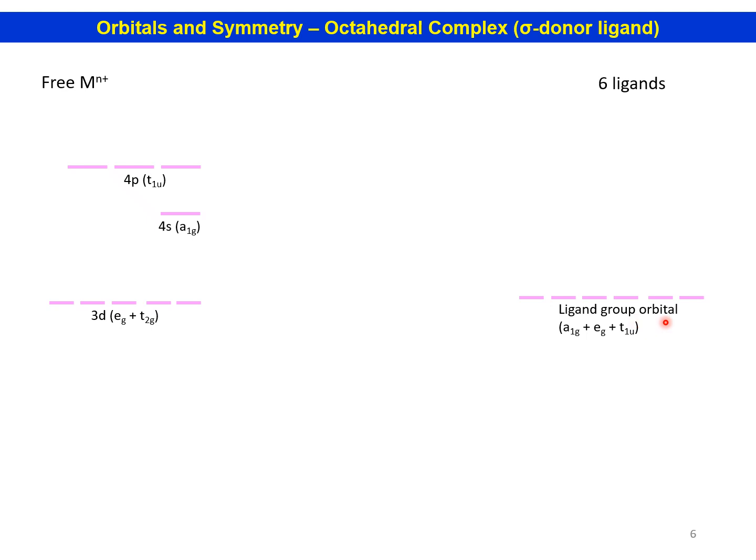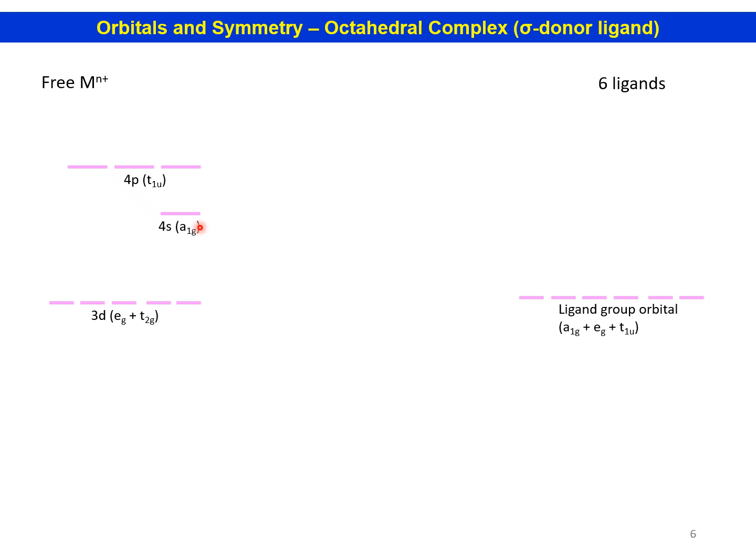And the 6 ligand orbitals are labeled as A1g plus Eg plus T1u. There are 3 symmetries in the ligand group orbitals. Whereas for the free metal ion, we start with the 3d orbital that comprises the Eg and T2g symmetries. Above that is the 4s orbital, labeled as A1g symmetry. And on top of that is the 4p orbital, labeled as T1u symmetry.